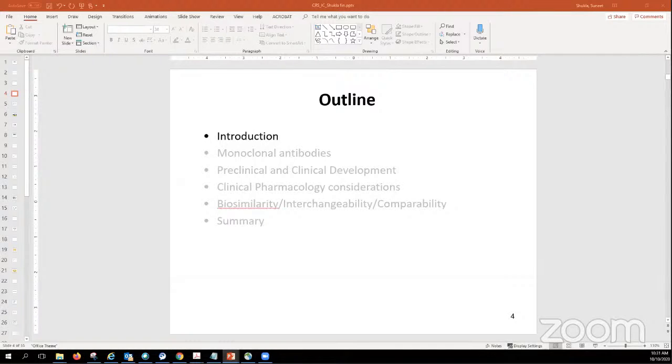Then in 2003, the therapeutic biologics moved to the Center for Drug Evaluation and Research, where I work. In terms of monoclonal antibodies and biologics in general, I would say the last 10 years have been a big period where a lot has been done.